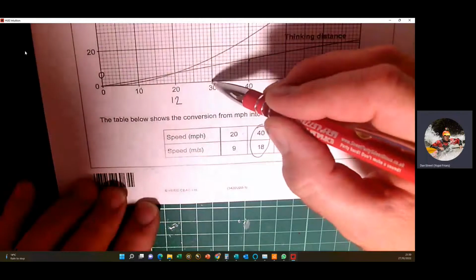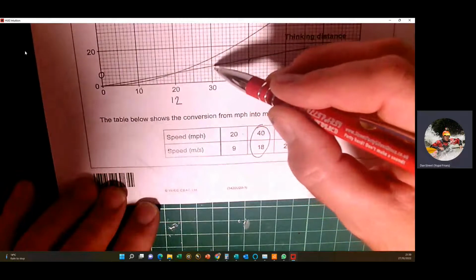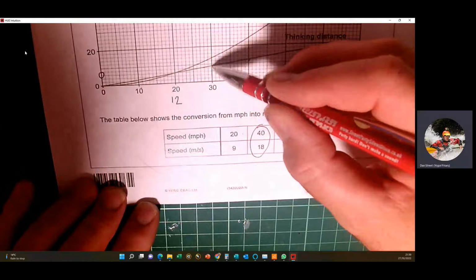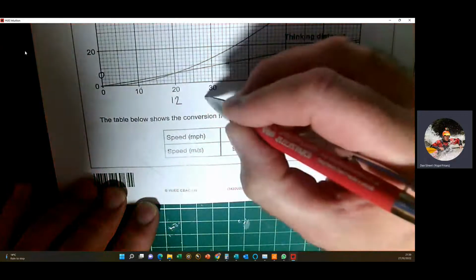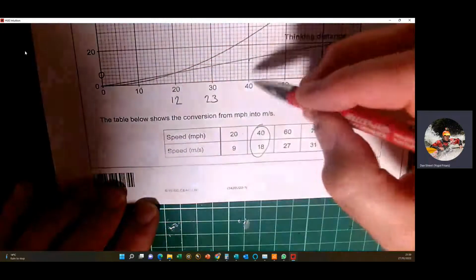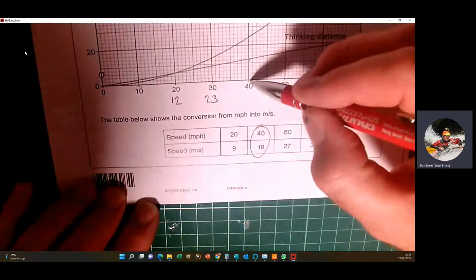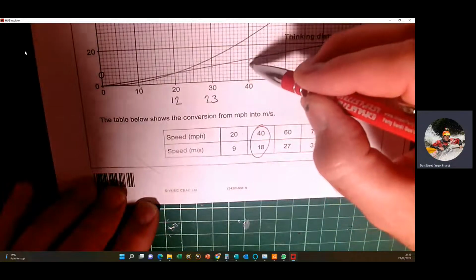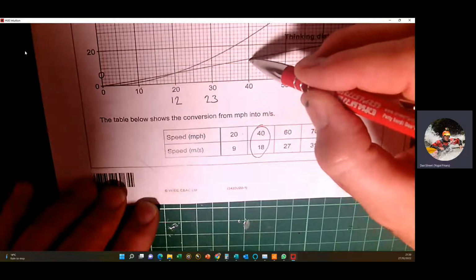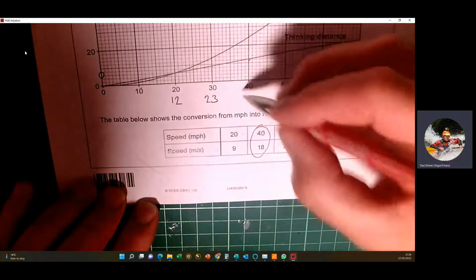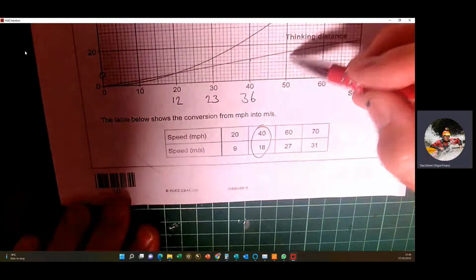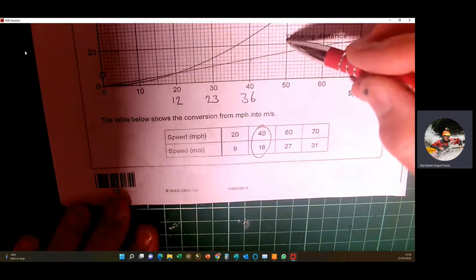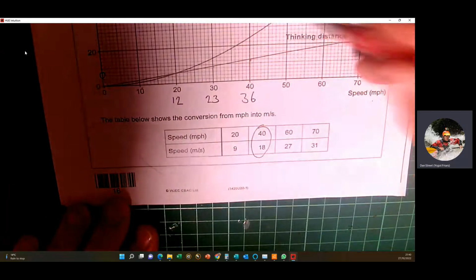At 30 miles per hour, then we've got 9 and 14, which of course is 23, or thereabouts. I was reasonably lenient with these distances. Then we've got 12 and 24, which is 36 in total. Then we've got 15 and we've got 38.